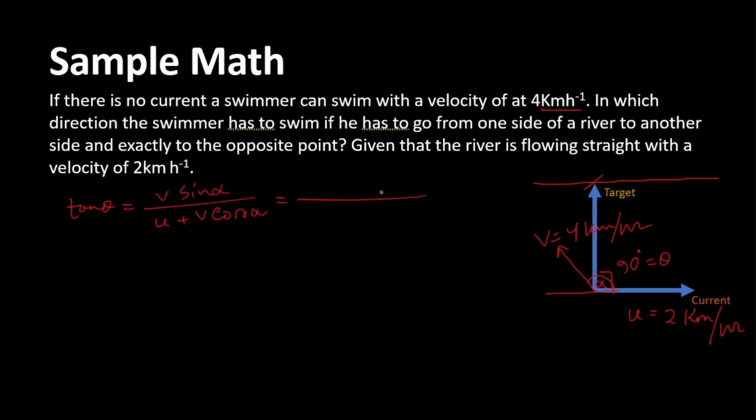So tan 90 means 1 by 0 equals to 4 sin alpha by 2 plus 4 cos alpha.